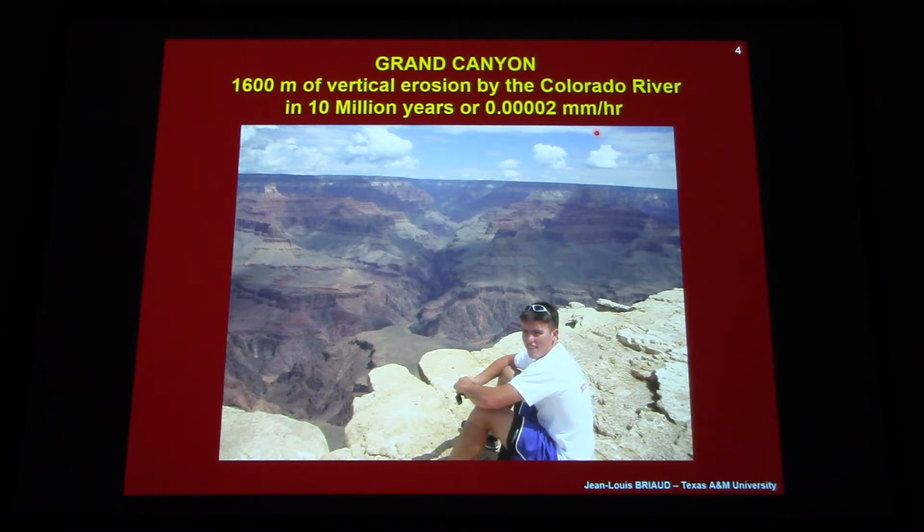And I remember the first time I went to the Grand Canyon, I kept going up and up and up, and I said, wait a minute, this is a hole in the ground, and yet I'm climbing a mountain. And then it dawned on me that the Colorado River at the bottom of the Grand Canyon has to be at positive elevation so that it can actually go towards the ocean.